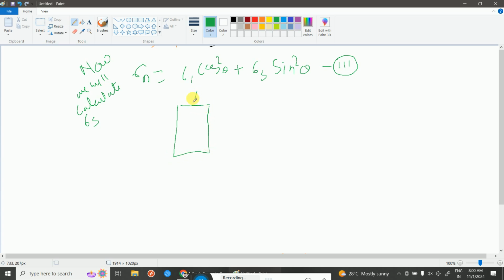Here your sigma 1 is more stress, and this sigma 3 is less stress. Now a diagonal crack has developed. Now this angle is theta, and this angle is also theta. So when force F1 is applied this way and F3 this way, this is your F1, this is your F3, and this is your Fn.